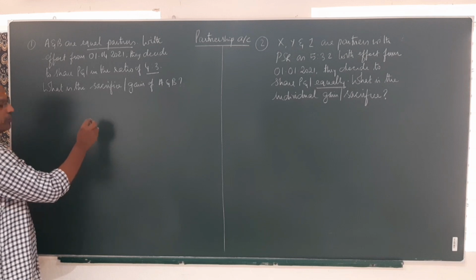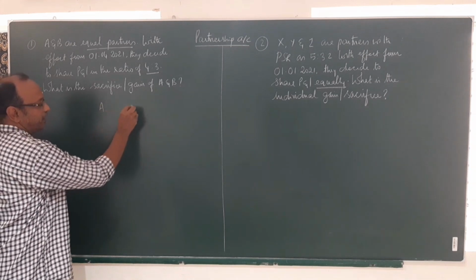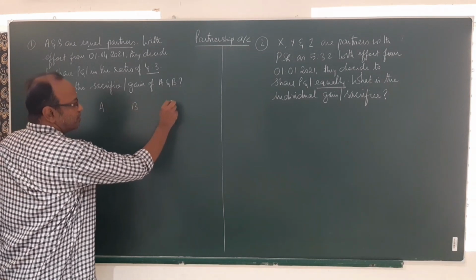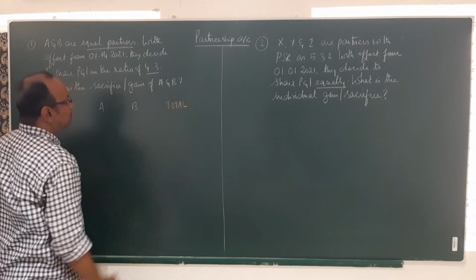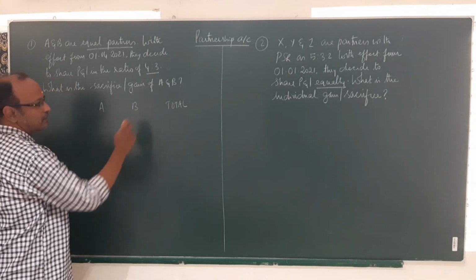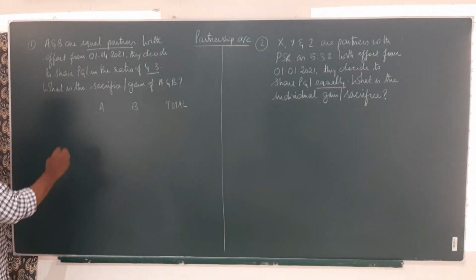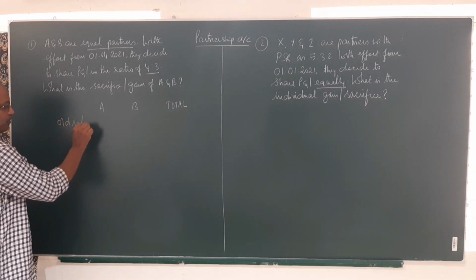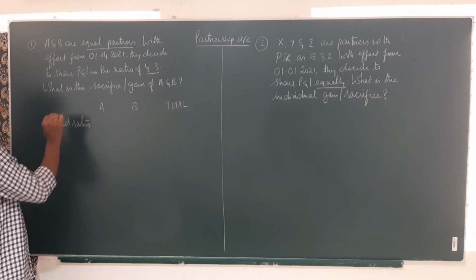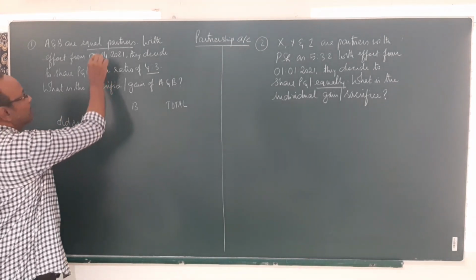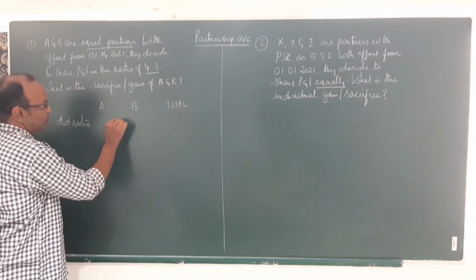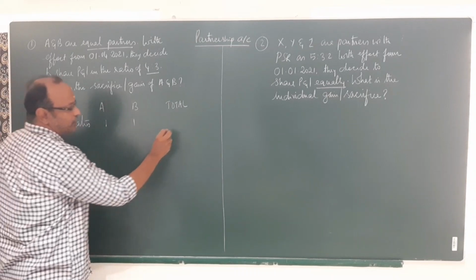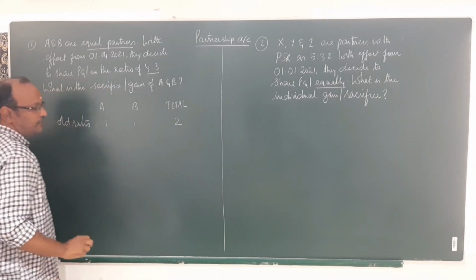For that, what we need is 3 columns: 2 partners and the total column. First, we start with the old ratio. Old ratio is what? Equal partners, 1:1, and the total is 2.